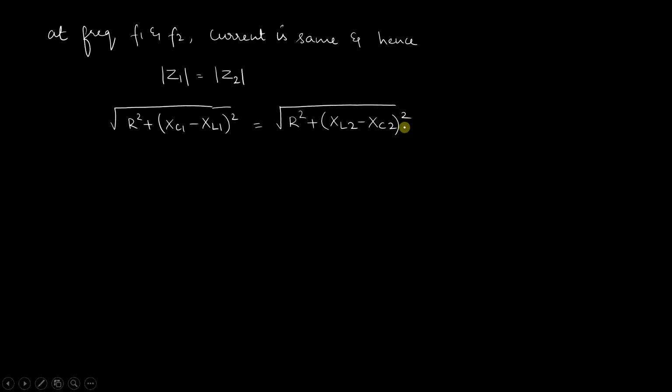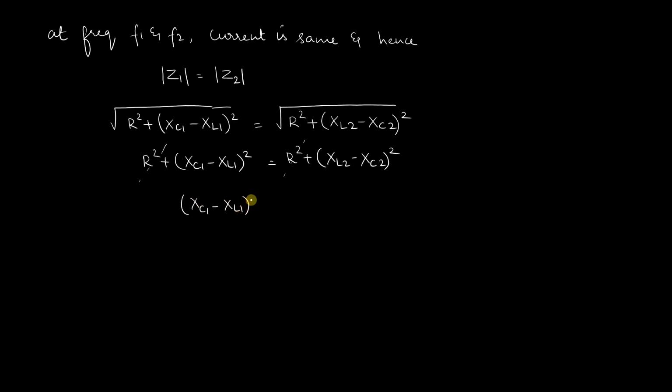Okay, let me remove the square root and you have it as R square plus XC1 minus XL1 the whole square to be equal to R square plus XL2 minus XC2 the whole square. You can see R is common on both sides. You eliminate that and you get XC1 minus XL1 the whole square equal to XL2 minus XC2 the whole square.